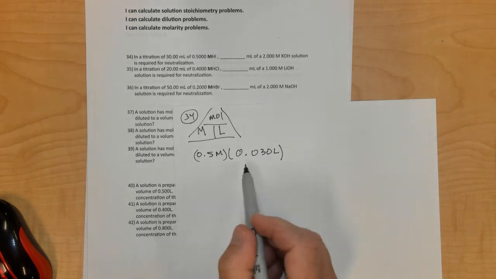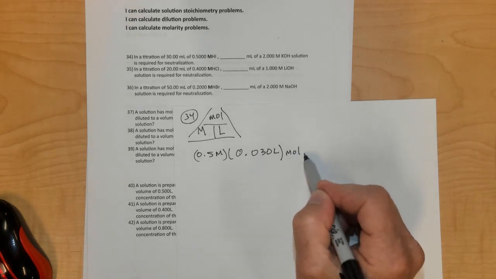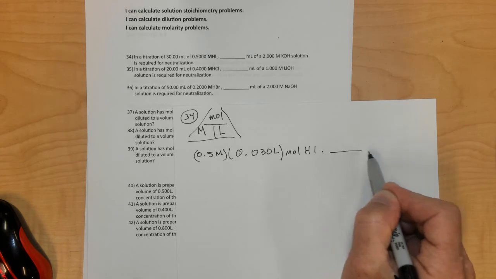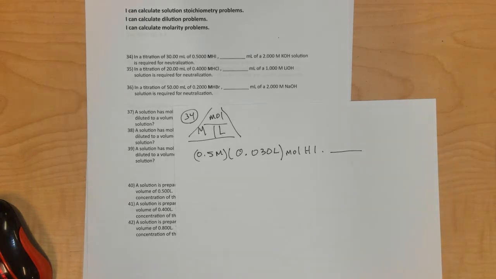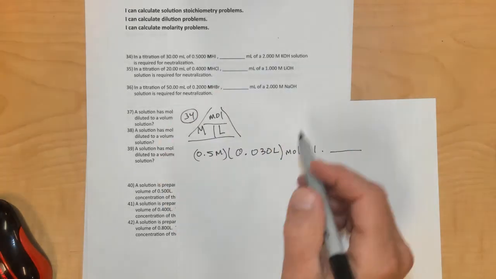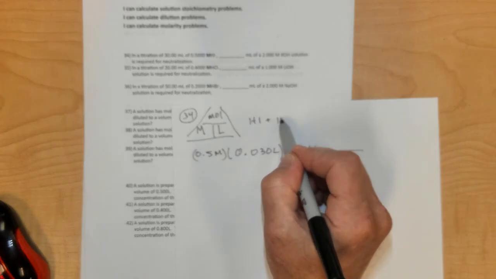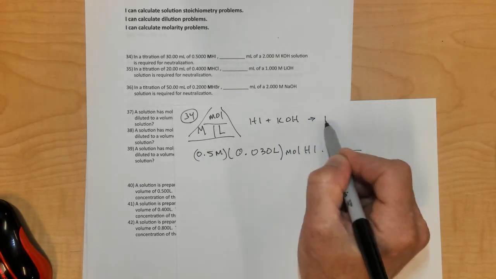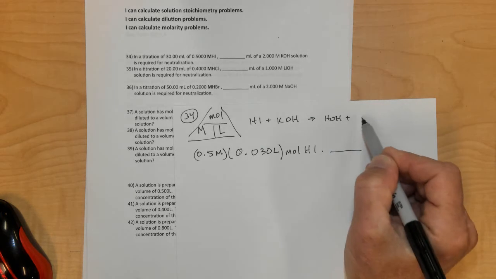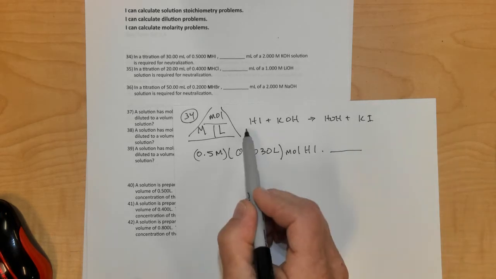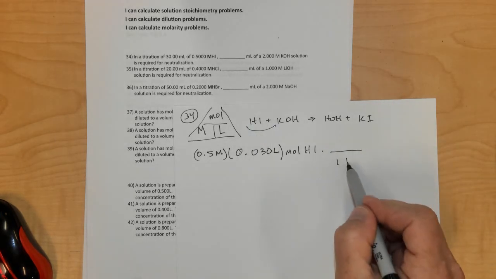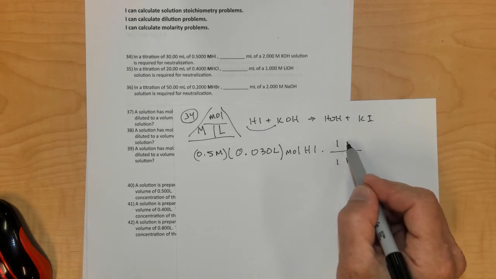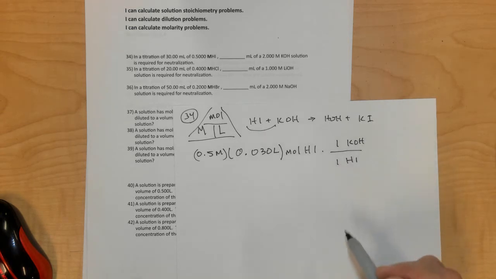That would give me my moles of HI. With KOH solution, HI reacts in a 1-to-1 ratio. So since it's 1-to-1, for every 1 HI, there's 1 KOH.